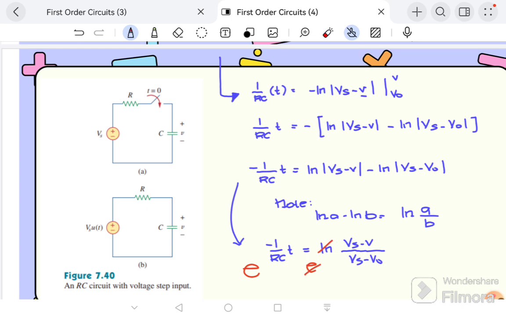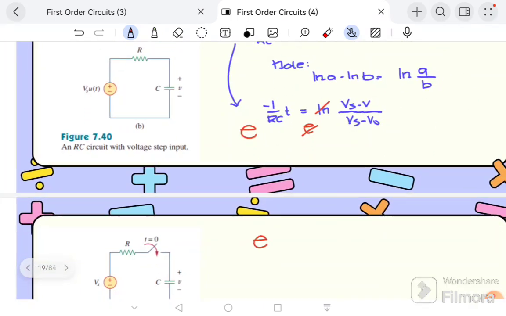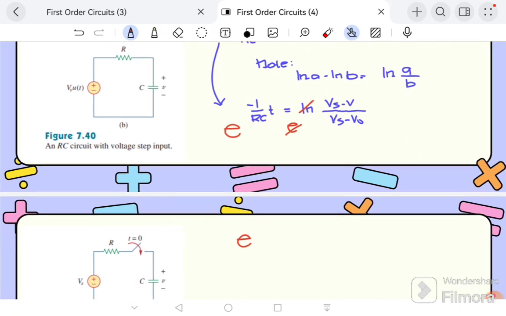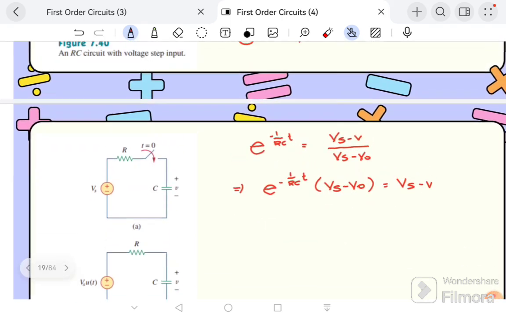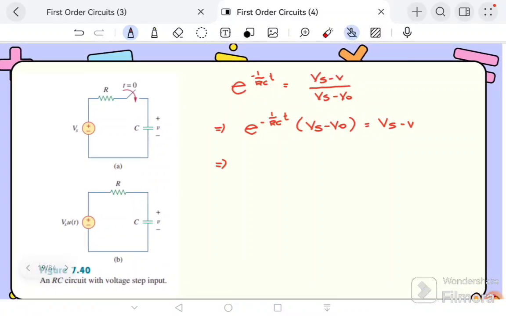Okay, cancel ln. We have e to the negative t over RC equals (Vs minus v) over (Vs minus V sub O), implying (Vs minus V sub O) times e to the negative t over RC equals Vs minus v, implying our v equals Vs minus (Vs minus V sub O) e to the negative t over RC.